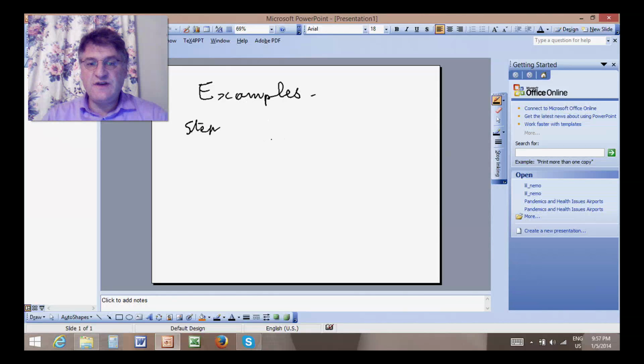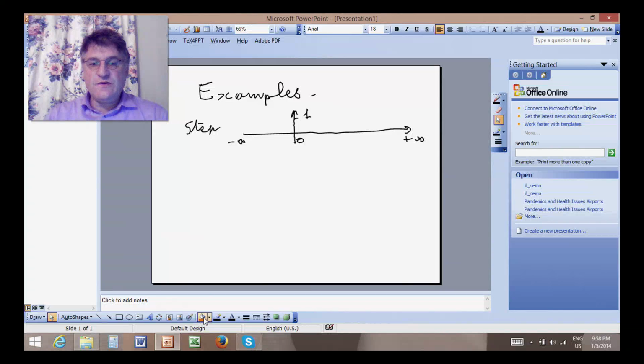So how does a step work? I have the y-axis here, the x-axis here, I have 0 there, I have minus infinity here, plus infinity there, and I have 1 here. Then the plot of the function goes as follows.